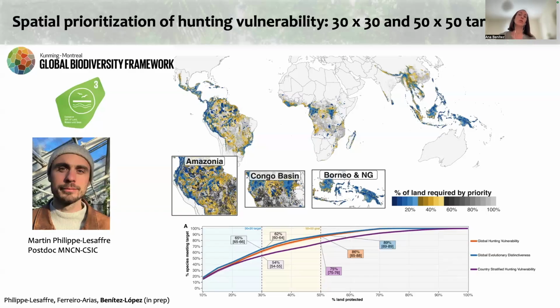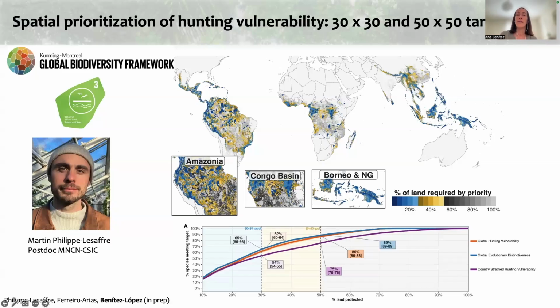In dark blue, what you see is the current network of protected areas. So for example, there are two here, another one here, and so on. And in lighter blue, where they should be expanded, or where other conservation actions should be implemented. And here below, what you see is what protecting this amount of land would entail for, in this case, threatened mammals and birds. I want you to focus on the orange line.